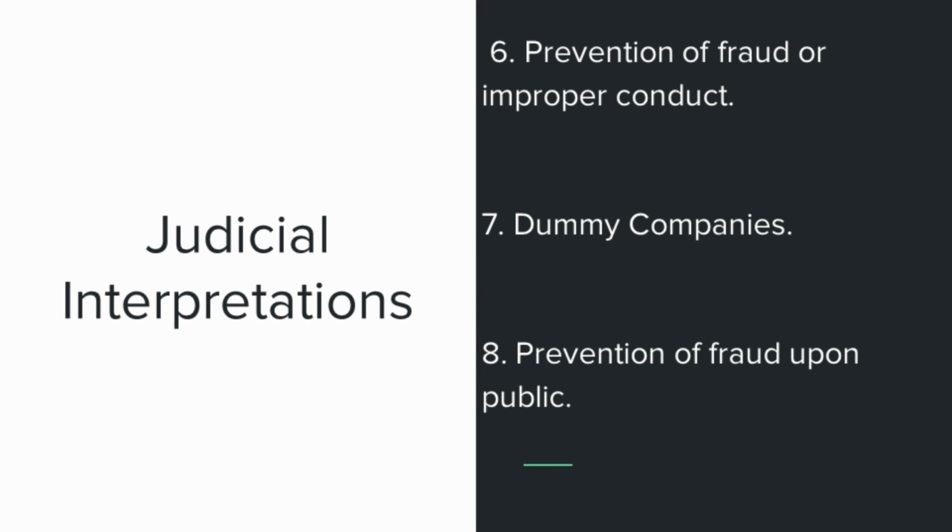Number 5, avoidance of contractual obligation. Number 6, prevention of fraud or improper conduct. Number 7, dummy companies. Number 8, prevention of fraud upon the public. In our next class, we are going to see under the statutory provisions how this corporate veil will be lifted.